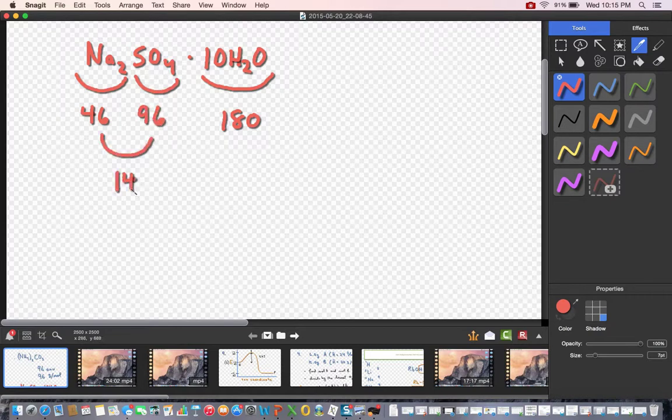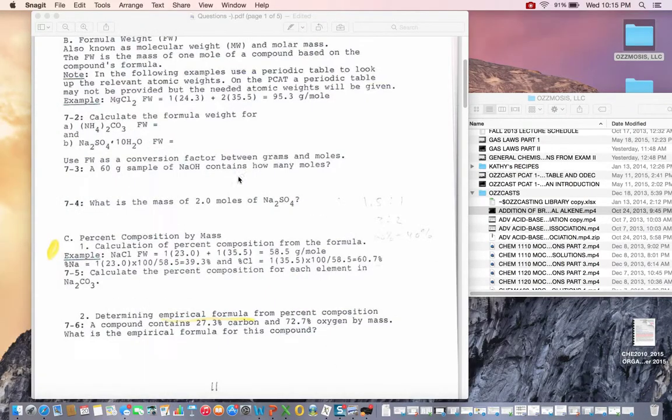Together, this is 142. When I add everything together, I'm going to get a mass of 322 grams per mole, or 322 atomic mass units. So those are fairly easy computations that you might see on your PCAT.